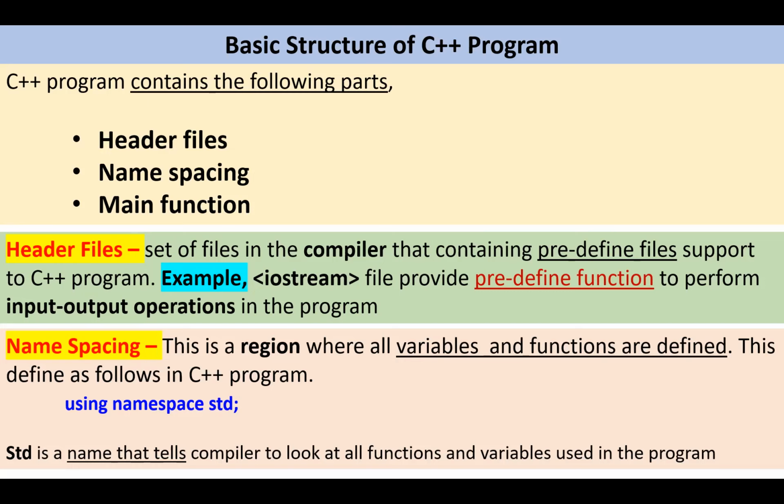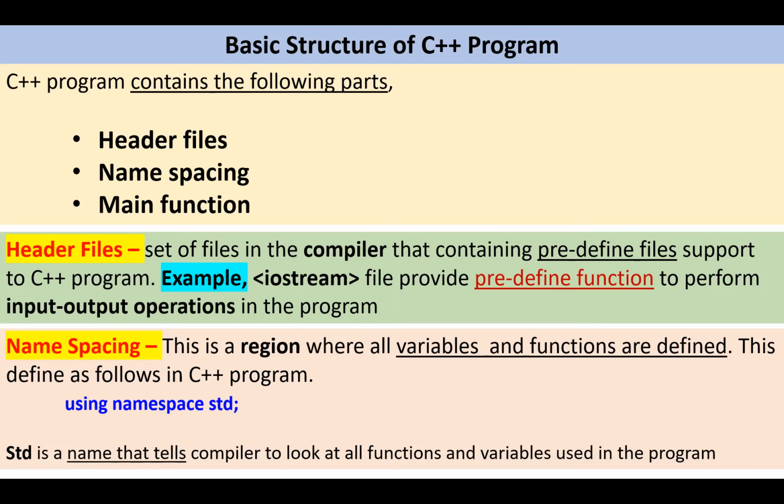In each and every C++ program, you must define this space. You must need this one. Header files also are a must, right? Without header files, you can't perform your program.